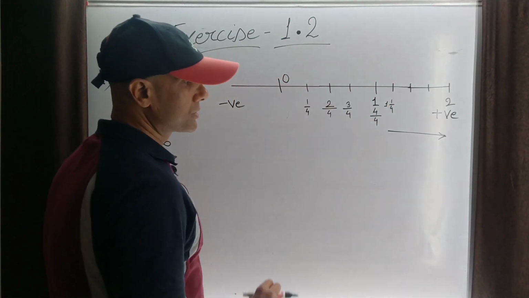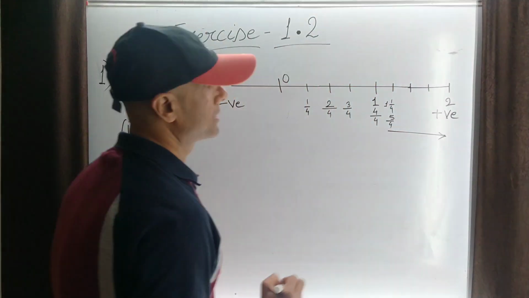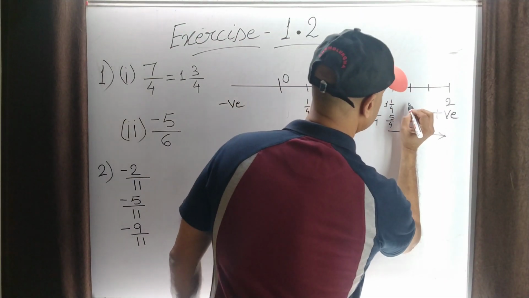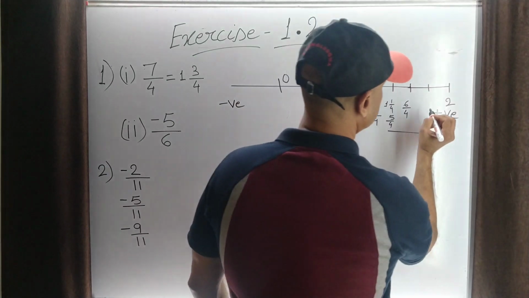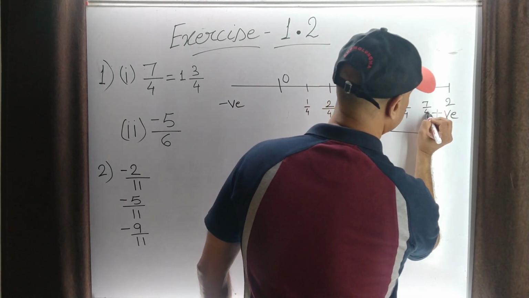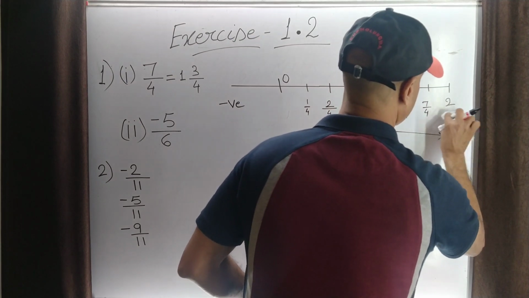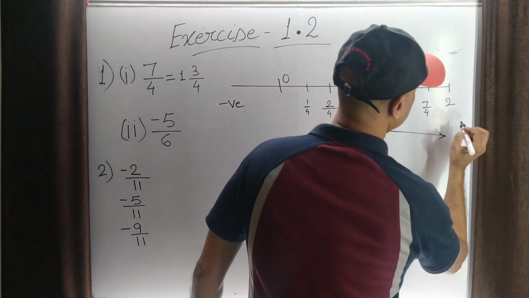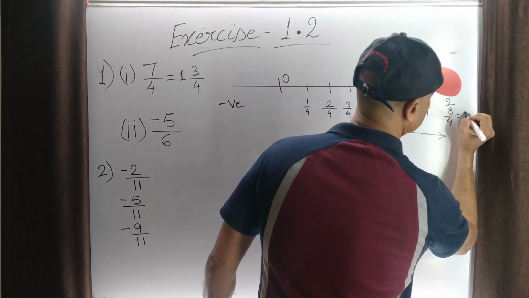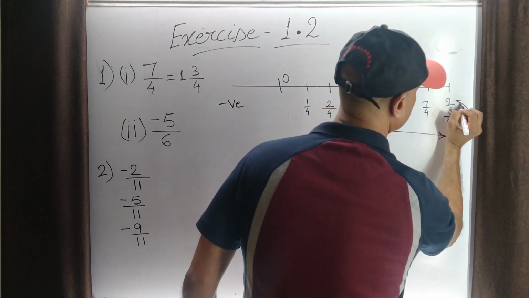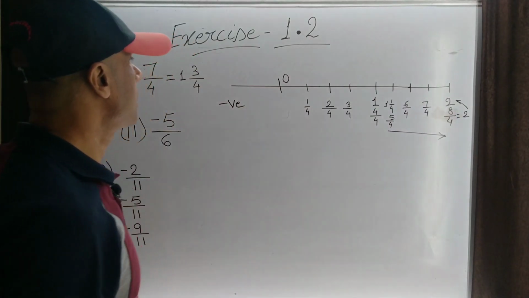So this becomes nothing but 5 by 4. This is 6 by 4, correct? This is 7 by 4, and this 2 is nothing but 8 by 4. 8 by 4 is equal to 2, right? So this is how a number line progresses.